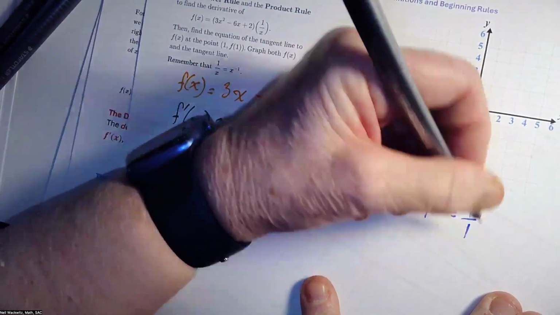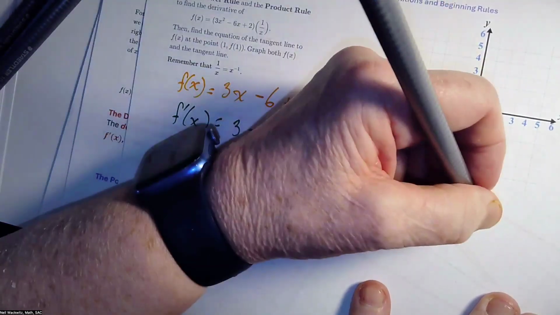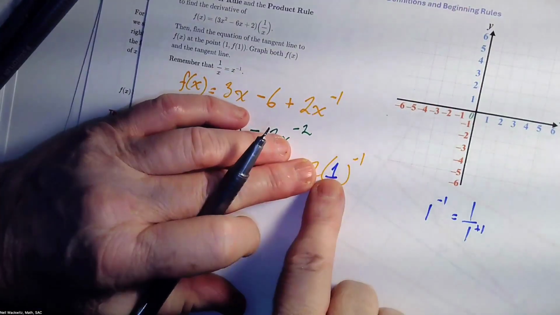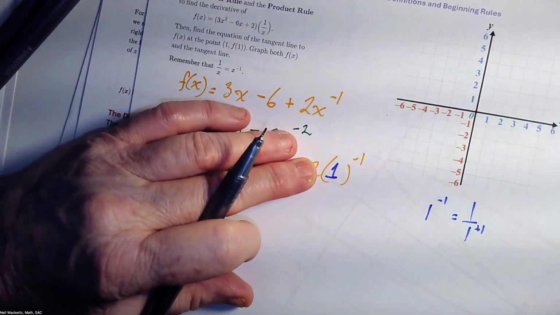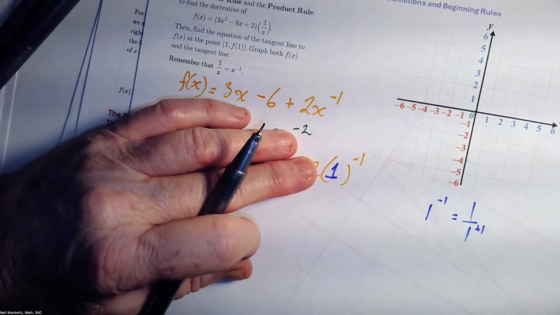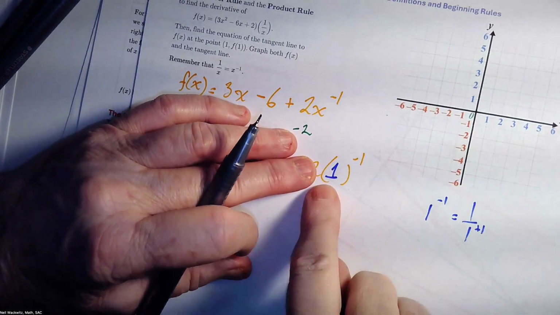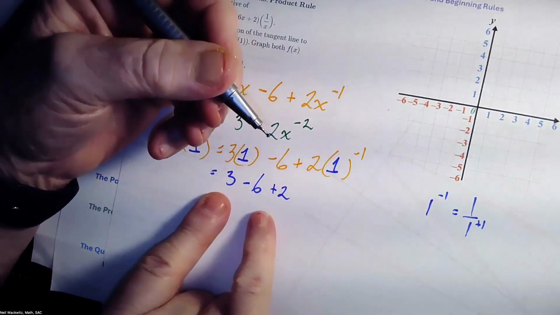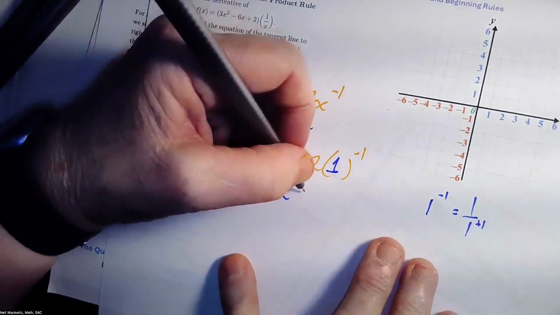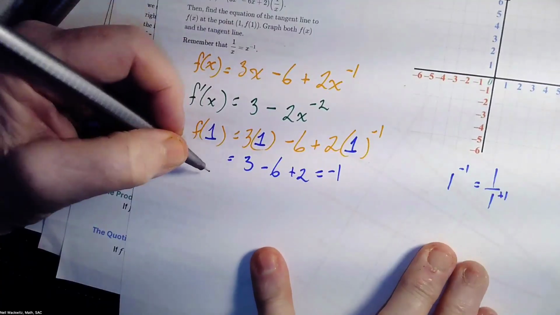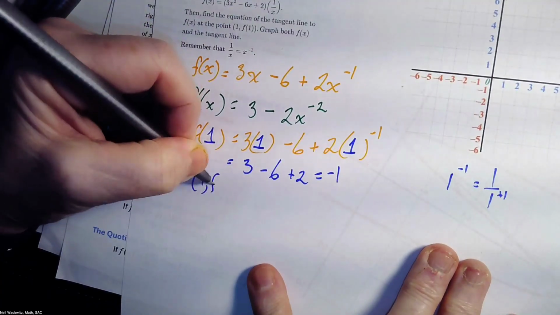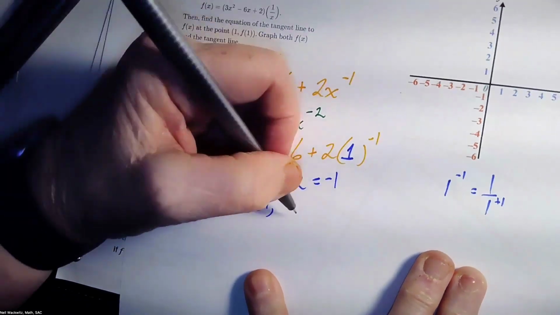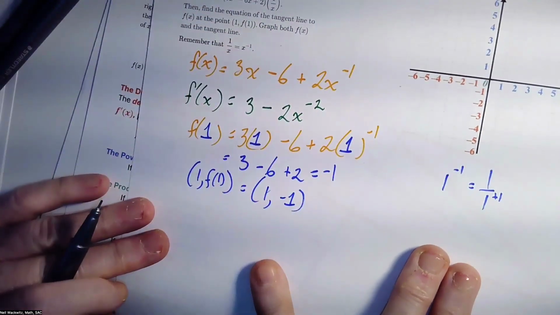Well, that's just 1 over 1 to the positive 1. So 1 over 1 is just 1. And 1 is nice. 1 raised to any exponent that you can imagine is still 1. So 2 times 1 is 2. 2 and 3 are 5, minus 6 is negative 1. So our point, 1, f of 1 is 1, negative 1.